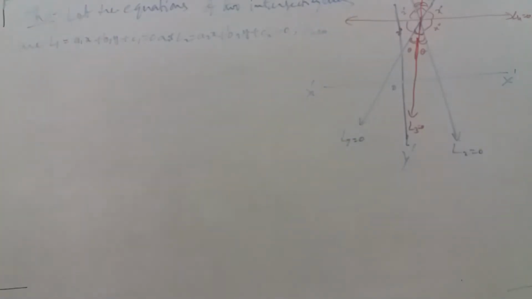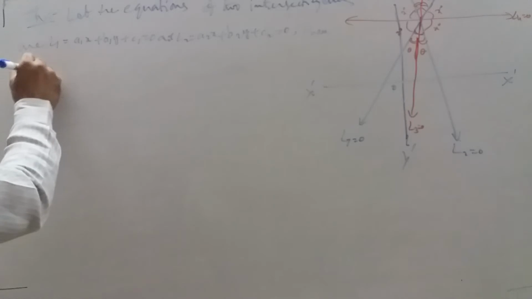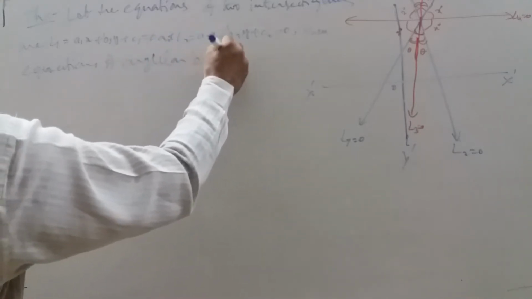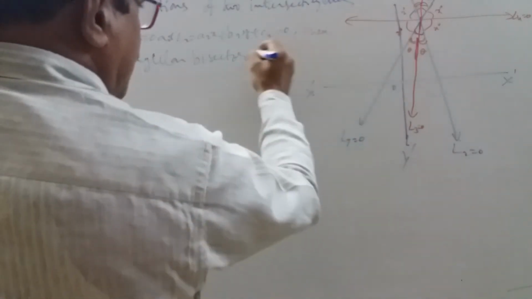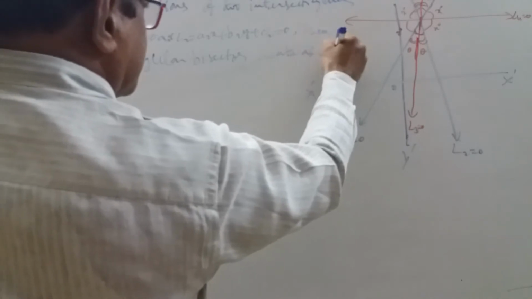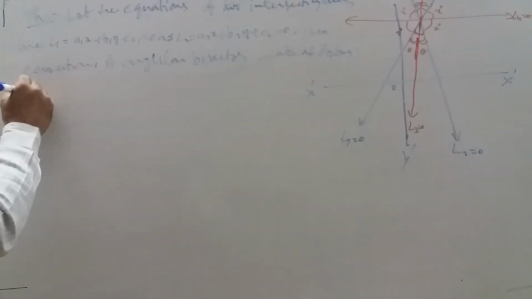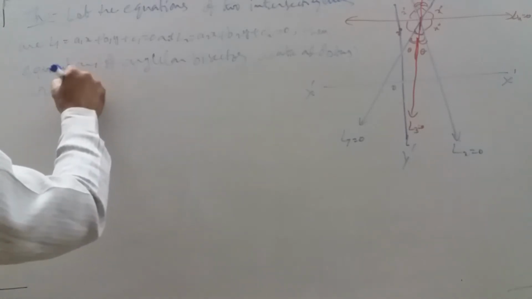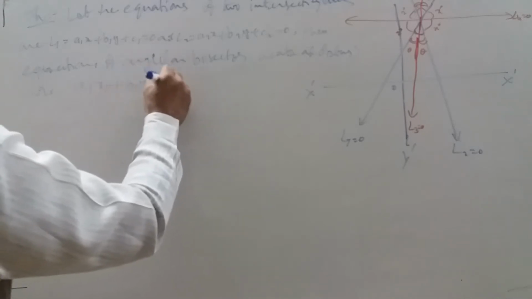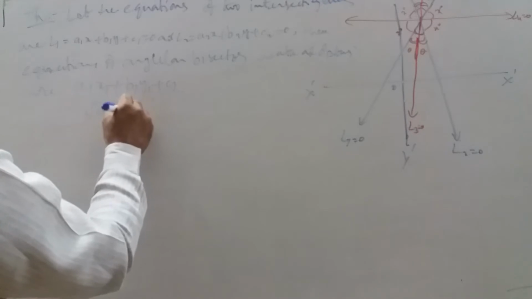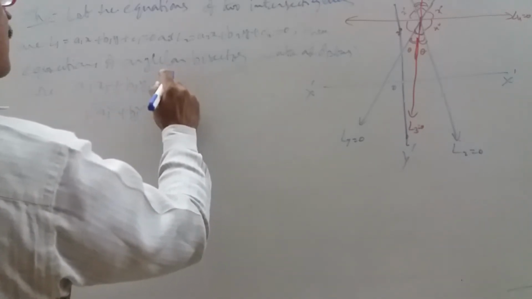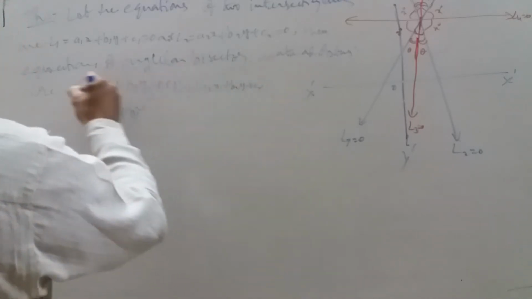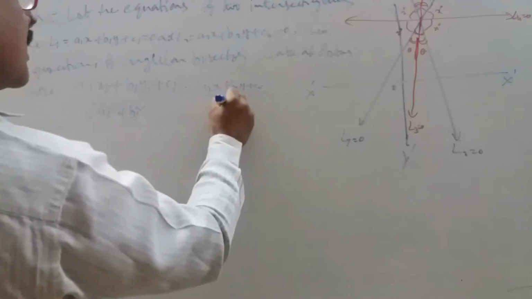Then the equations of angular bisectors, that means of the acute and obtuse angles, are A1x plus B1y plus C1 by root of A1 square plus B1 square is equal to plus or minus A2x plus B2y plus C2 by under root of A2 square plus B2 square.